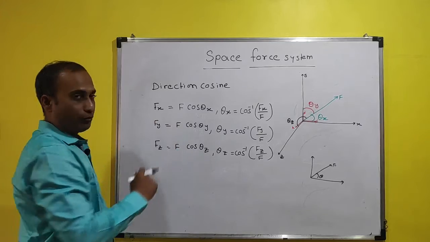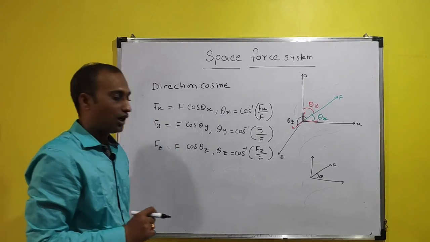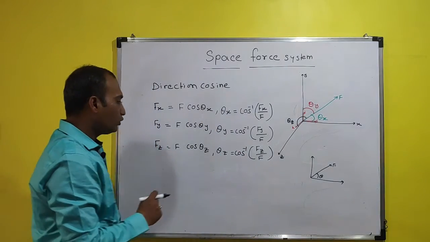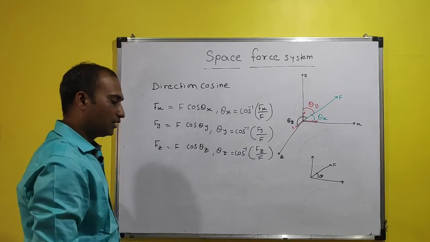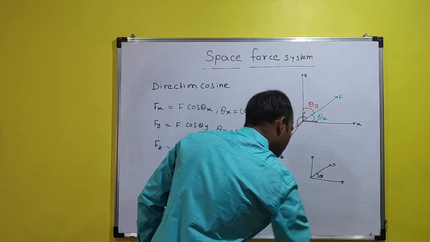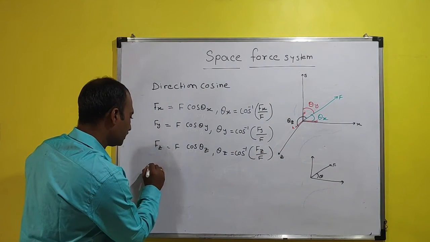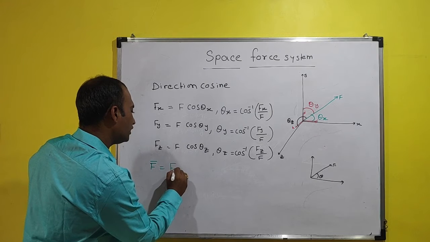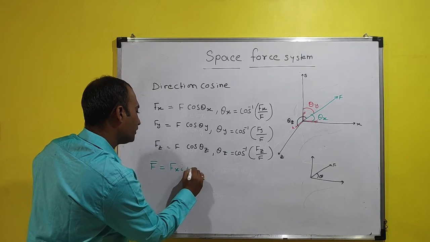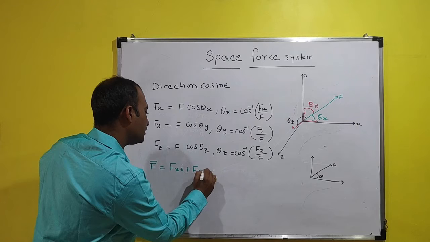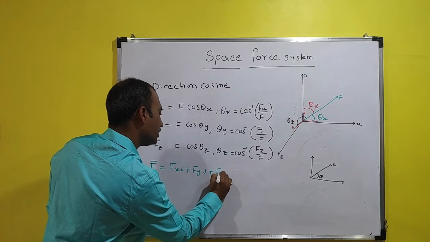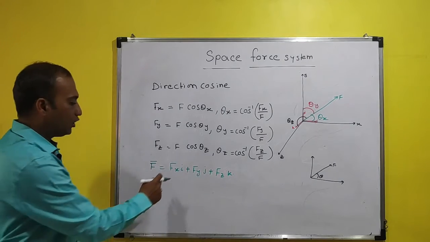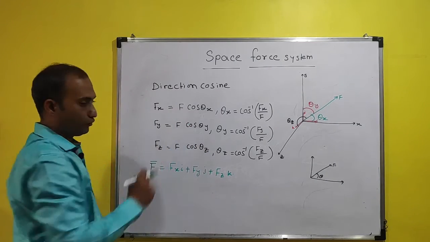If you know the components in each direction, how do we write the force vector? Here the force vector we can write as Fx i plus Fy j plus Fz k, and we know the values of Fx, Fy and Fz over here.